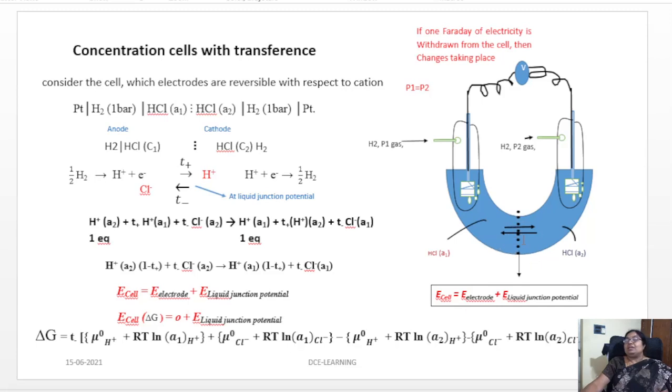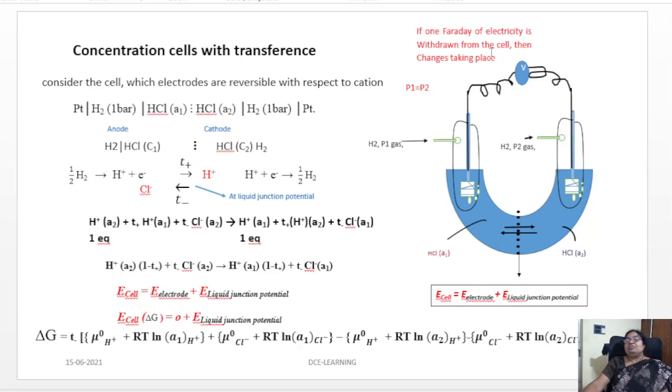Here the speeds of the ions are different, because of the H plus ion and the chloride ion. Due to that, electrical neutrality is not present in the membrane. Therefore, a potential difference arises at the junction of the two liquids. This is usually called the liquid junction potential. So this is the cell representation of the cell with transference.